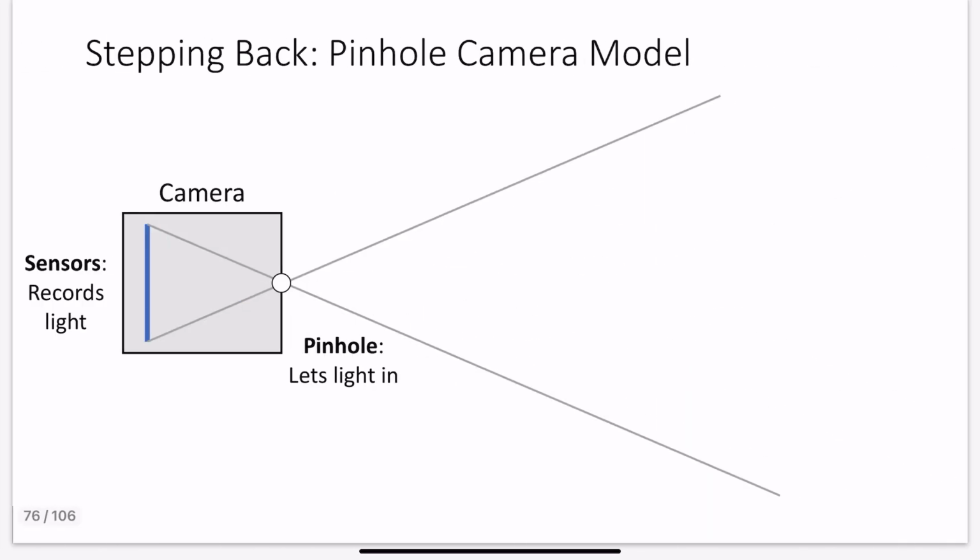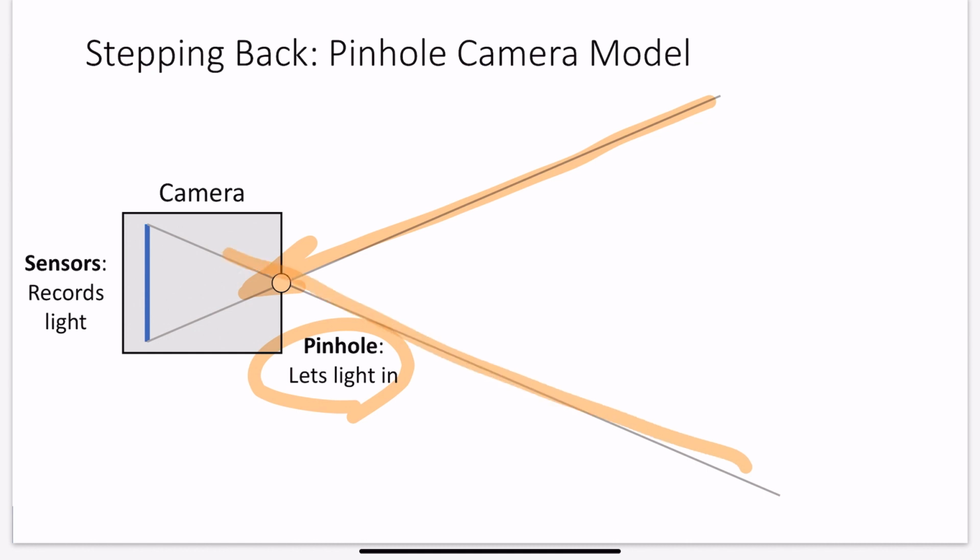In a pinhole camera setting, light comes in, and from this light to this light, your camera sensor records this light information. This is the principle of the pinhole camera model.